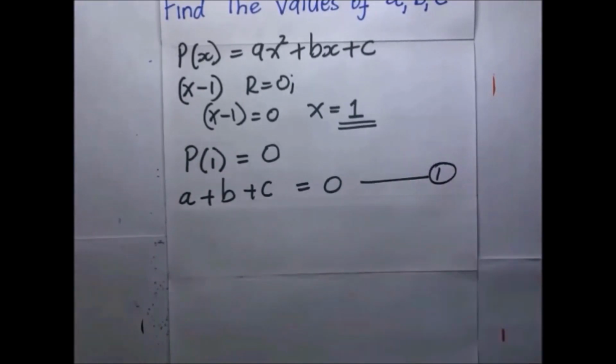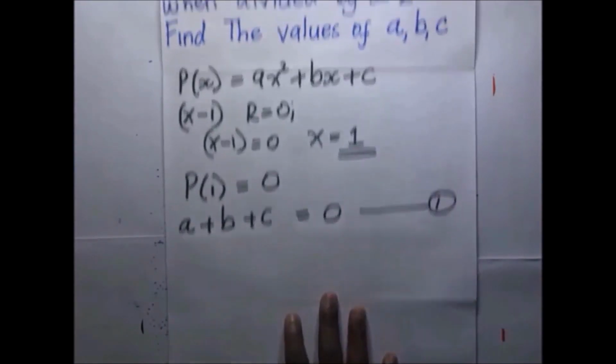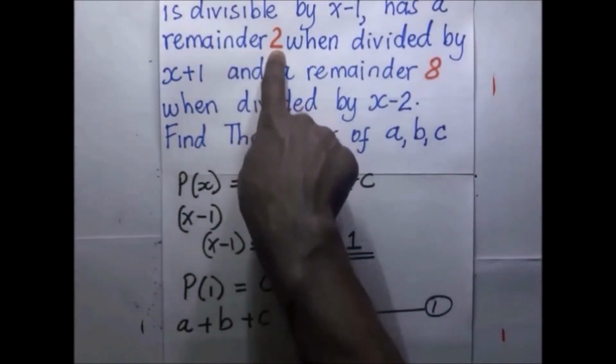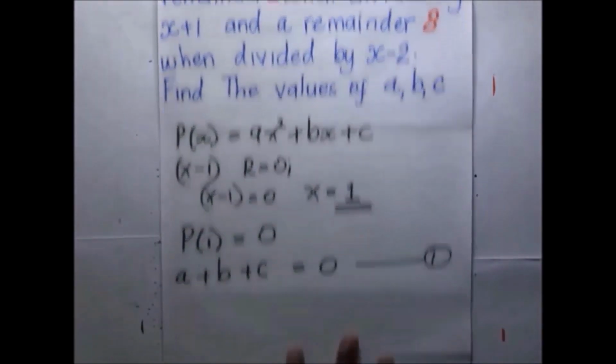That's our first equation. Then, in the second part of the question, they are telling us that it has a remainder 2 when divided by x plus 1.